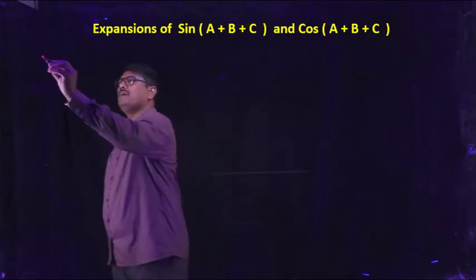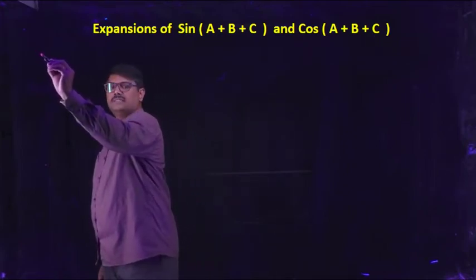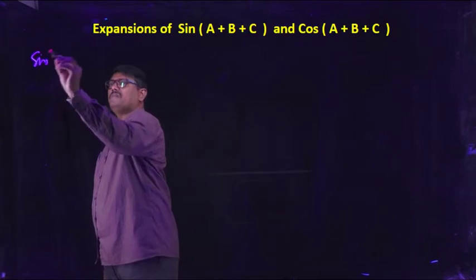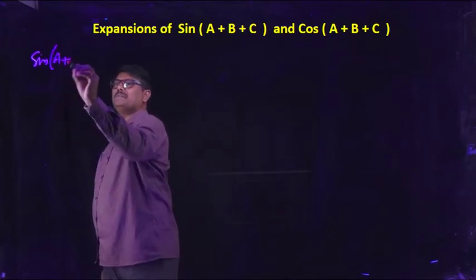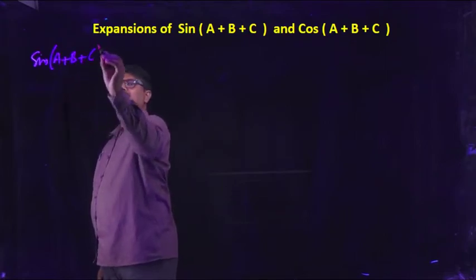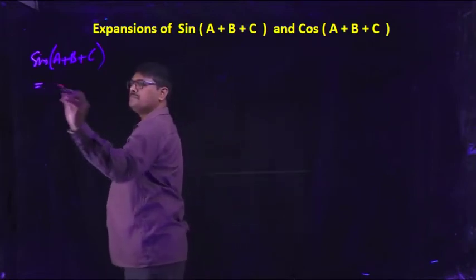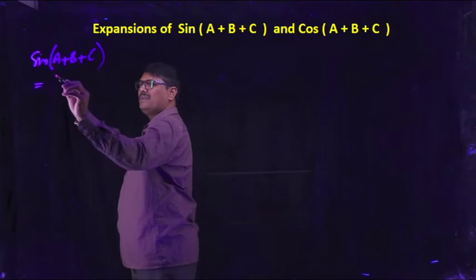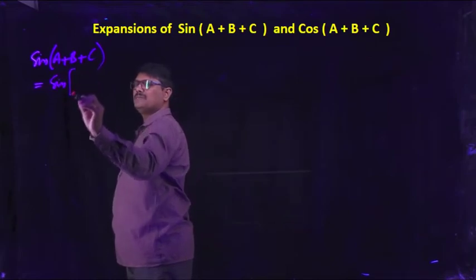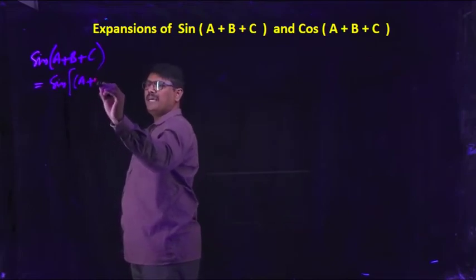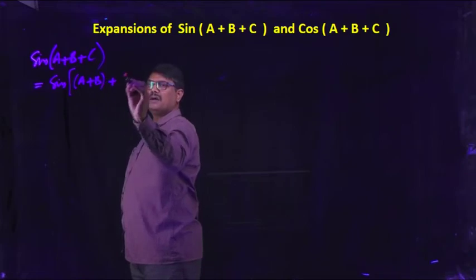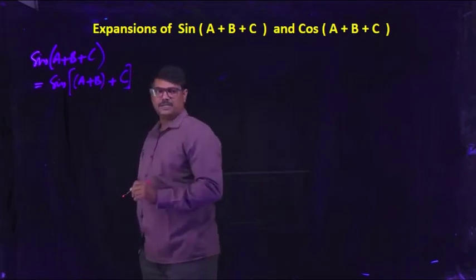Now let me do the first one, that is sin of A plus B plus C. First split this into two parts, treating A plus B as one part and C as the second part.